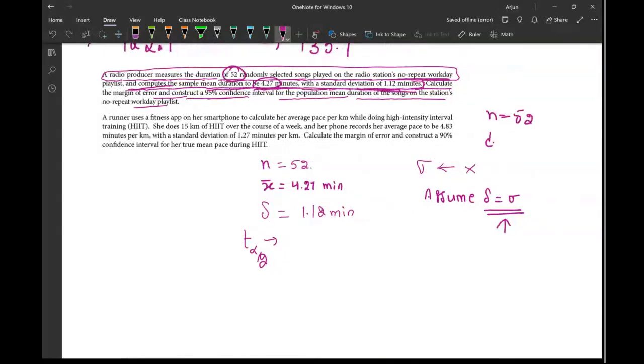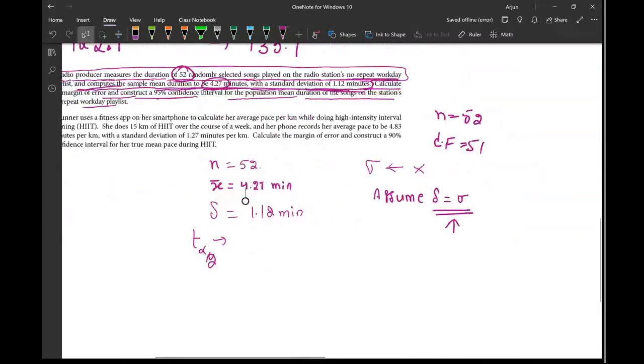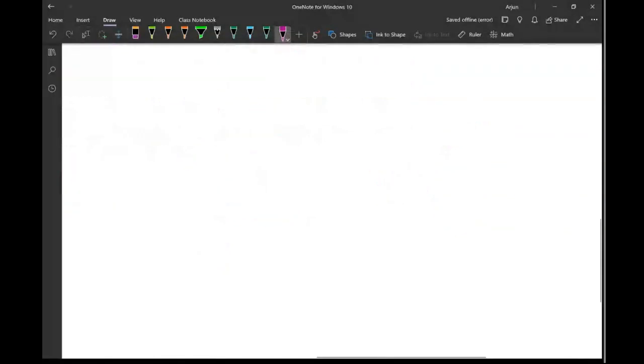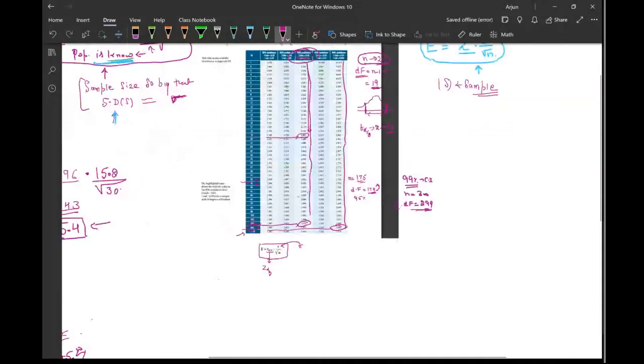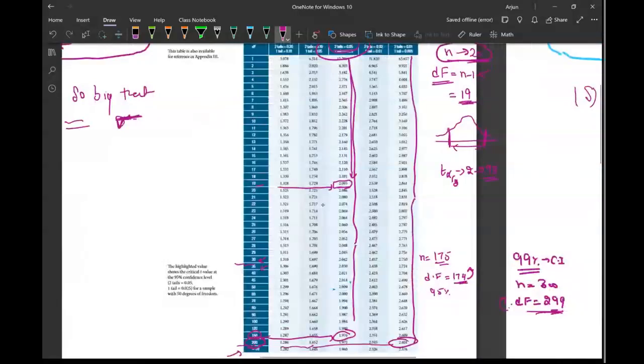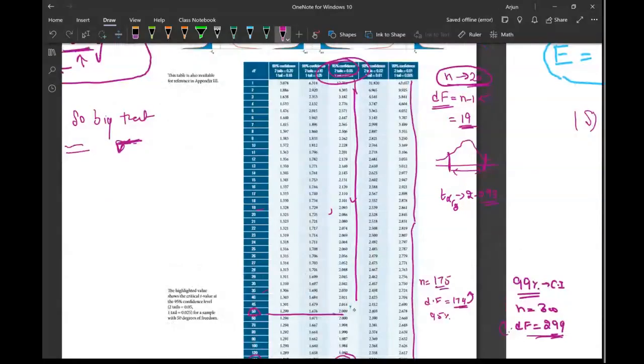The degrees of freedom will become 51, and I'll look into the table for the 95% confidence interval. 95 will be here. So for 52, if I go and look into 50, the prior value to 51 is 50, and this value is from here, that is this value 2.009.